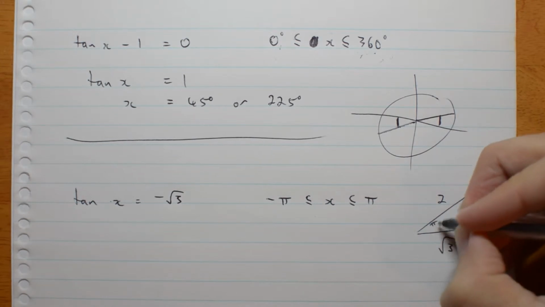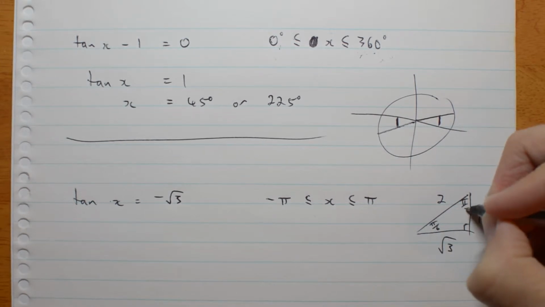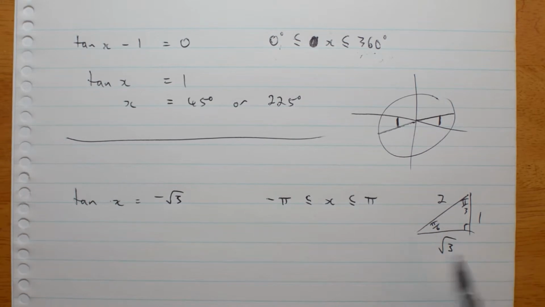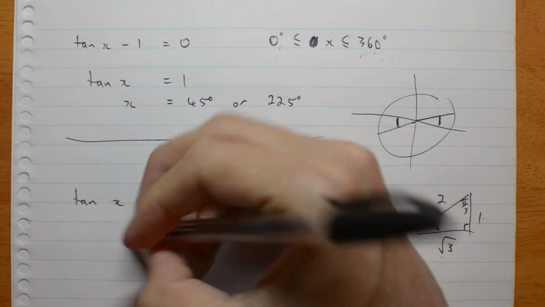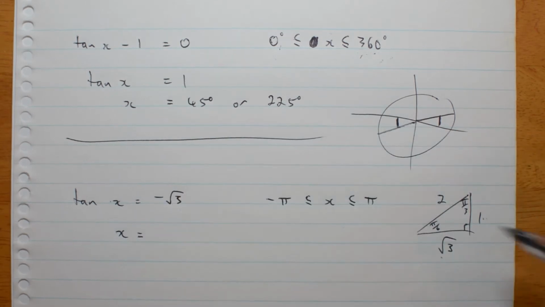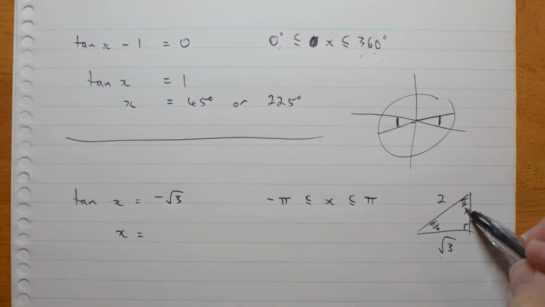So this is pi on 6 and this is pi on 3. If tan is root 3, opposite on adjacent for tan, I'm looking at pi on 3. So my reference angle is pi on 3, but tan is negative.